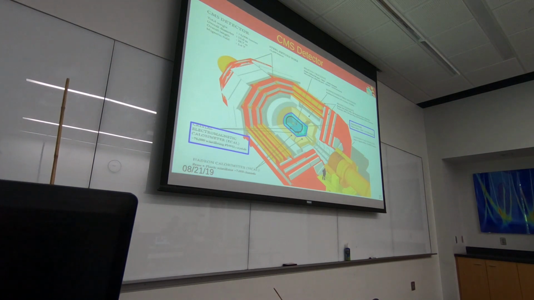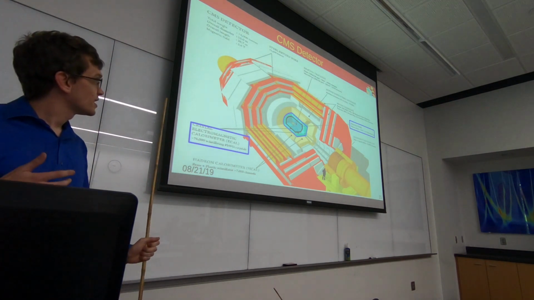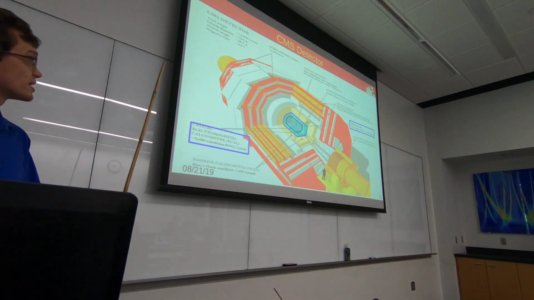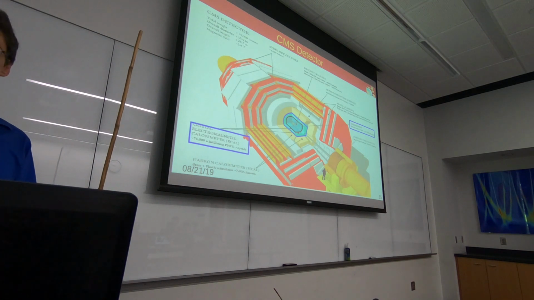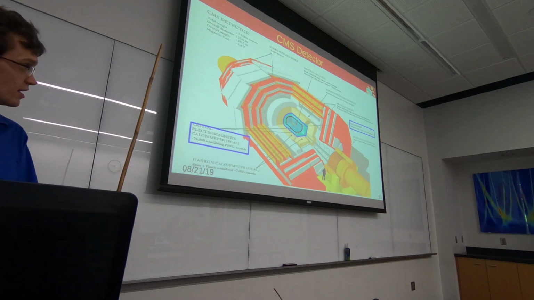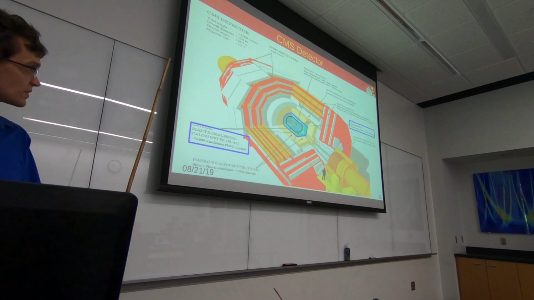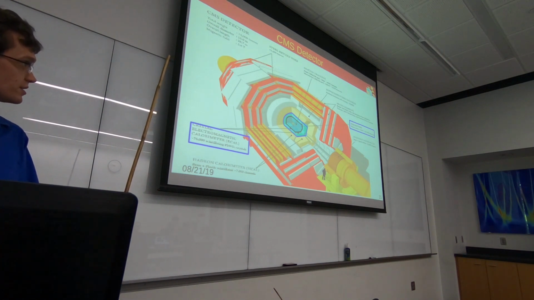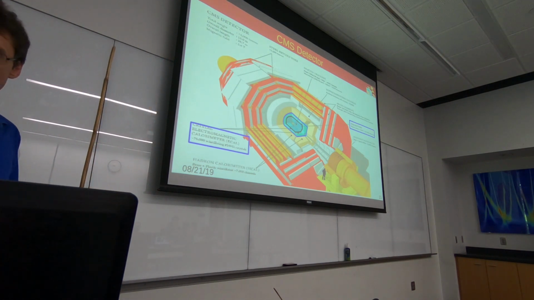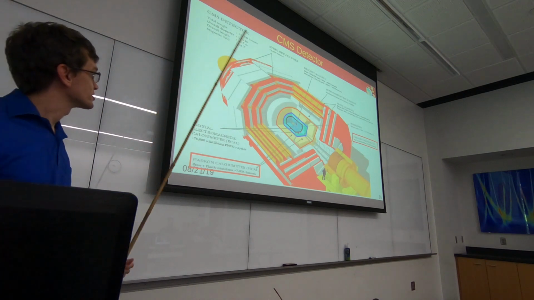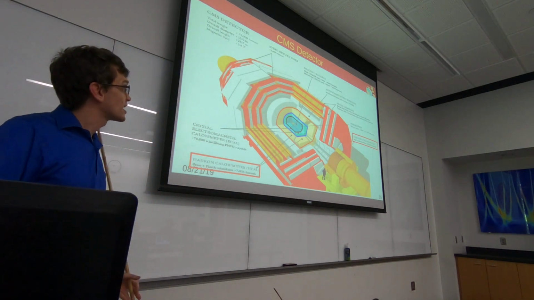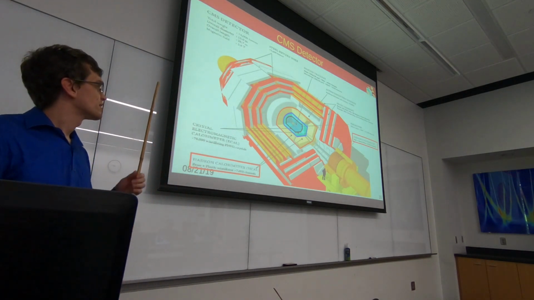Directly outside of there is ECAL. ECAL is a lead tungstate scintillating calorimeter, which measures the energy of electrons and photons, followed directly by HCAL, circled in red, which is the hadron calorimeter, which measures the energy of hadrons.